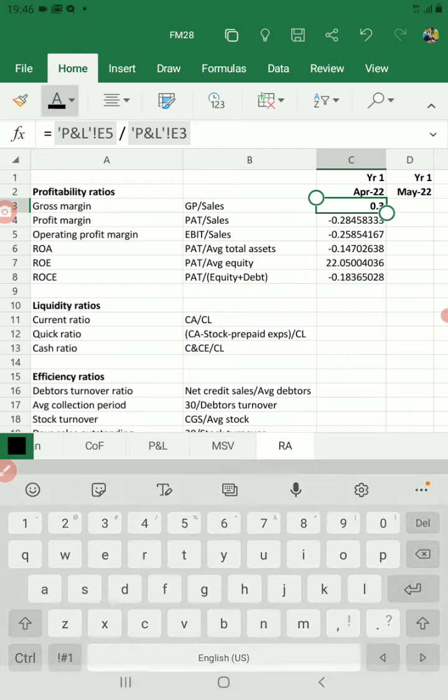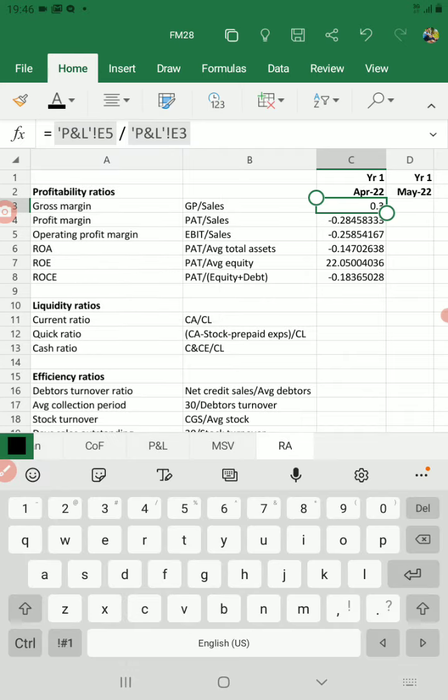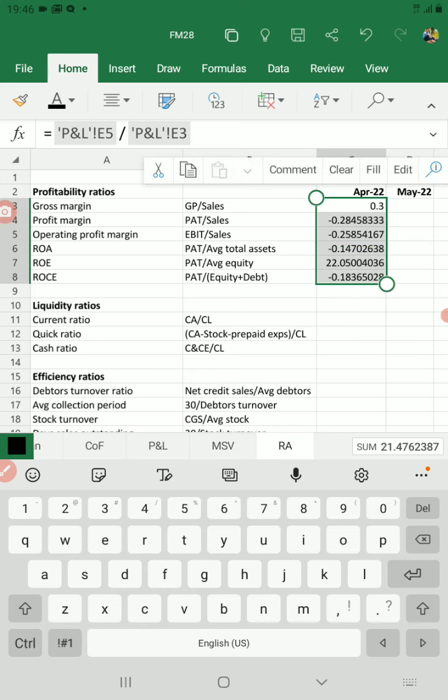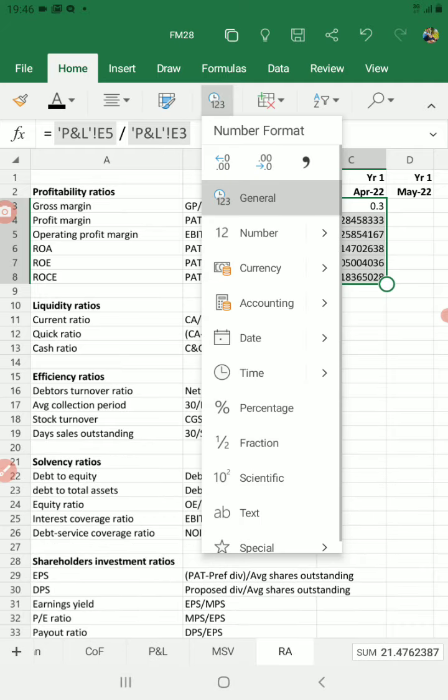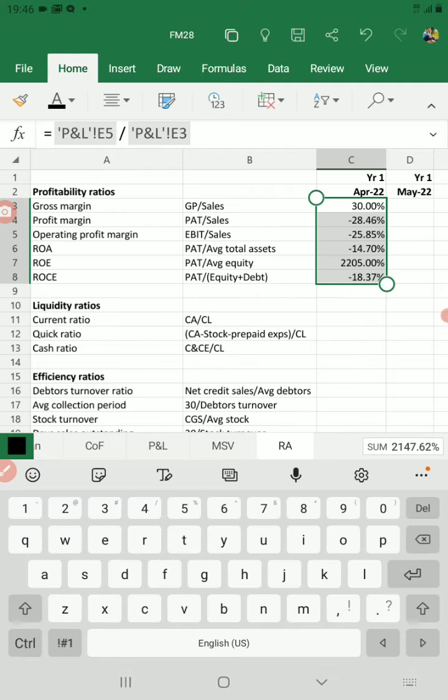Let me put it. The margin ratios, let us turn all of these into percentage terms. So I go here, put them under percentage terms.